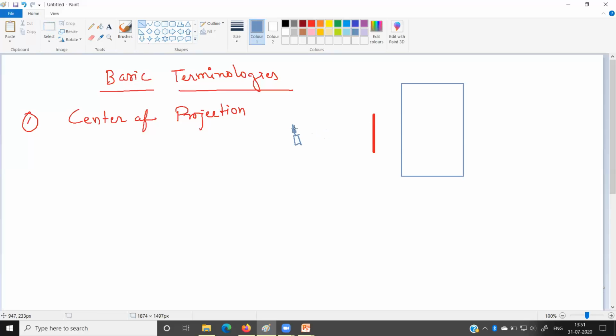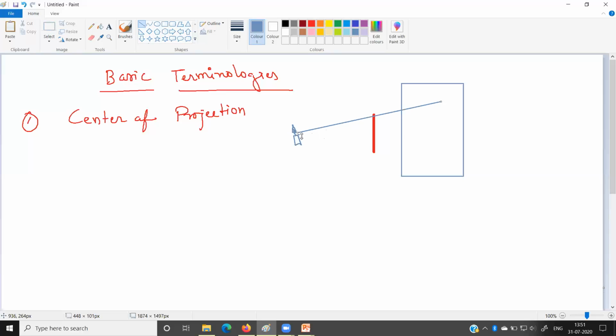Fine. So this light is coming from this particular point. As per the law, when the light passes through an obstacle, a shadow will be formed. So consider this shadow will be formed like this.